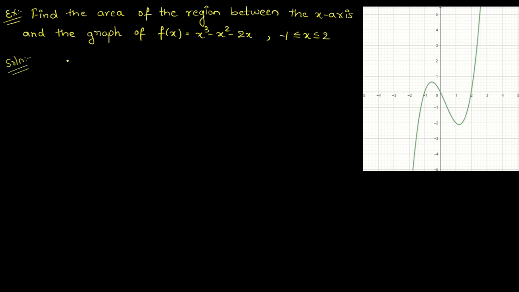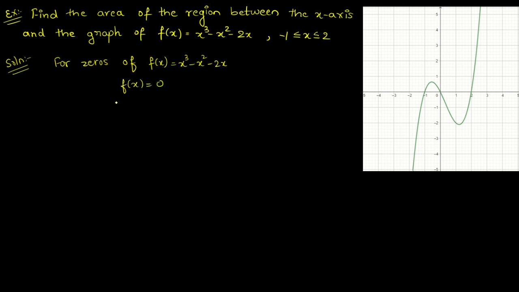Here the given function is f of x equals x cube minus x square minus 2x. The first thing we have to do is to find the zeros of f. So for getting the zeros of f of x, that is x cube minus x square minus 2x, we take f of x equal to 0.